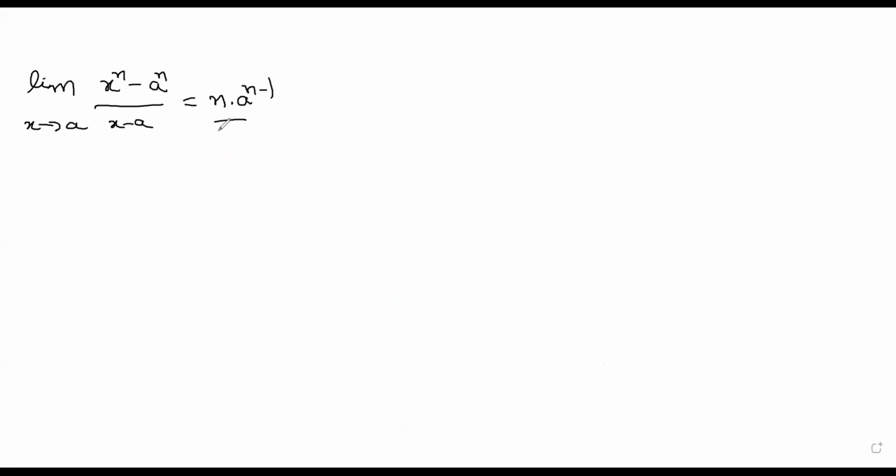There are many ways to prove this. One way, which the textbook shows, is the binomial theorem method. Simple. Put x equal to a plus h, as h tends to 0. This is the substitution we'll do.